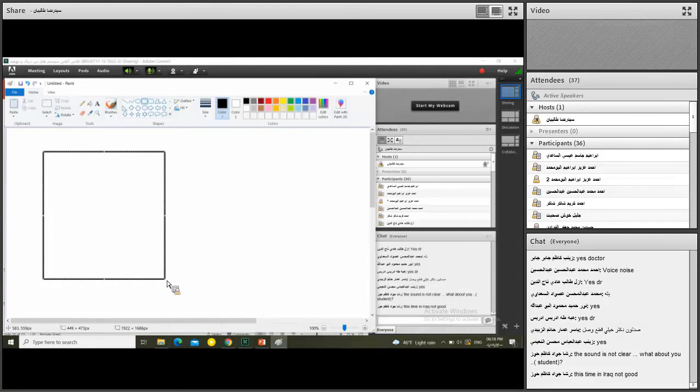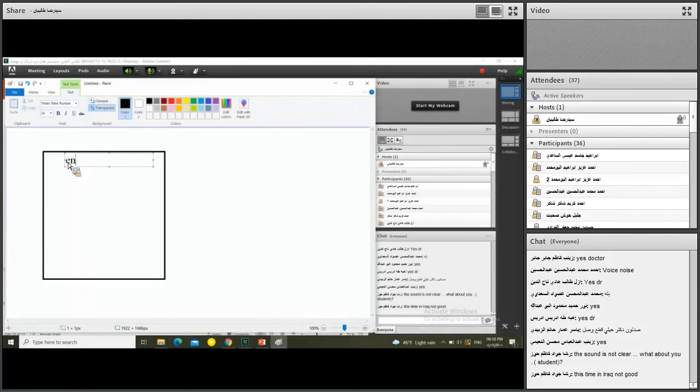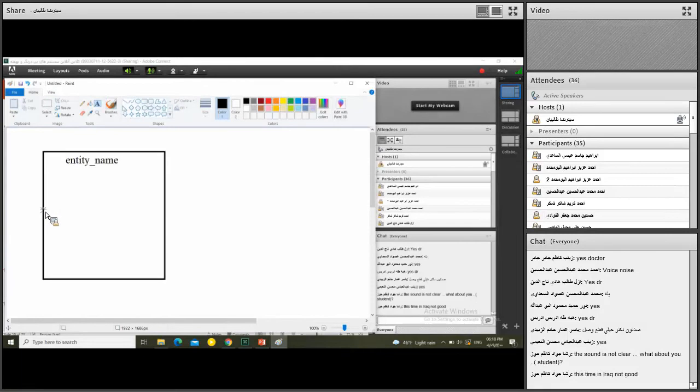What does it mean? For example, we have a system. This system has a special name. We call this system or this circuit an entity. Then this entity has a special name, and some inputs and some outputs.